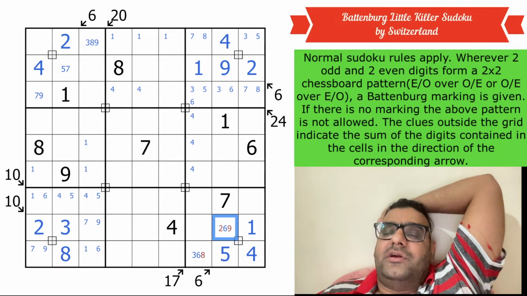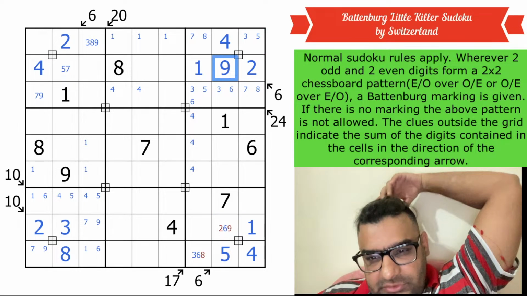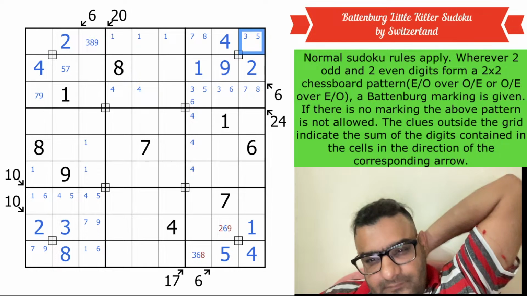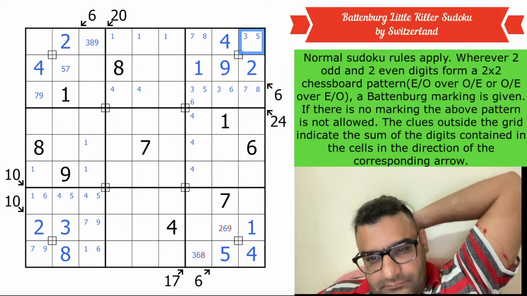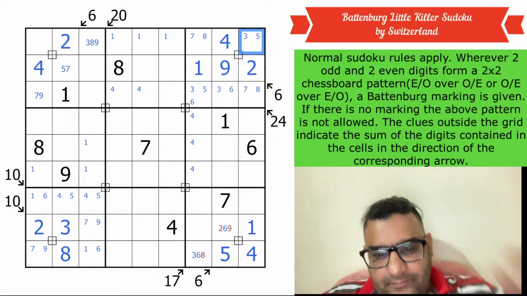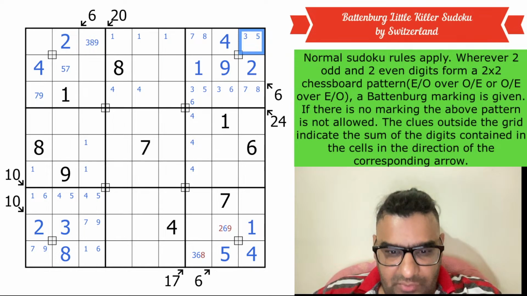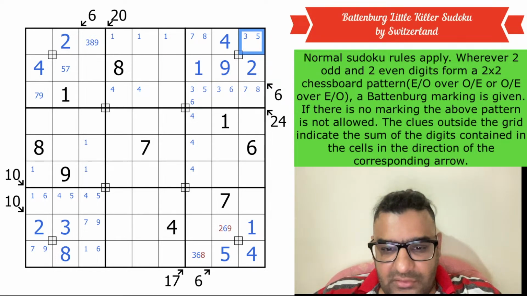9, 3, it can be 5. 5 is also odd, 3 is also odd. And I have not come here a single time, not completed any of this.